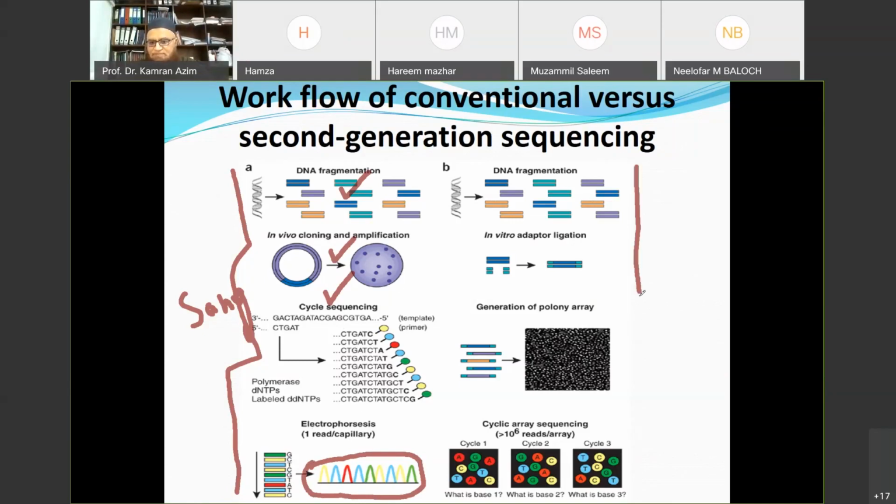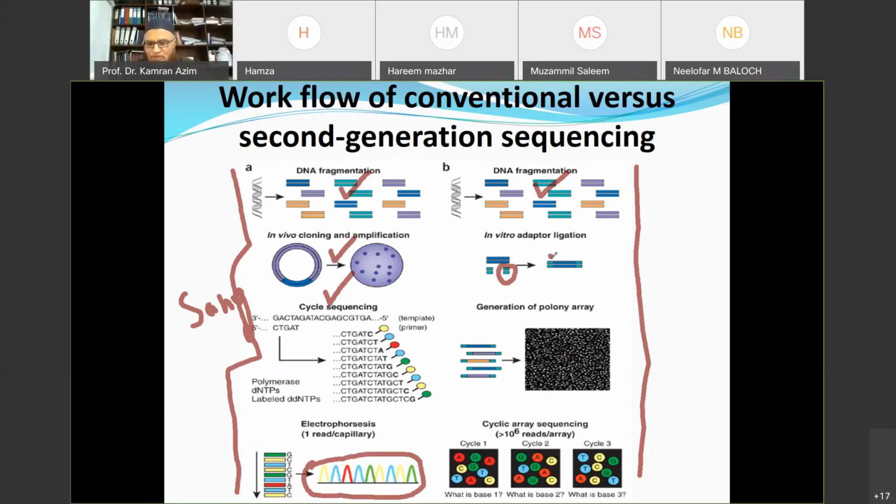This is the workflow for next generation DNA sequencing. Again, we do DNA fragmentation as in Sanger sequencing, but there is no cloning, and every DNA fragment is ligated with an adapter molecule. Adapter molecules are basically small double-stranded DNA molecules, synthesized artificially and attached to the DNA.